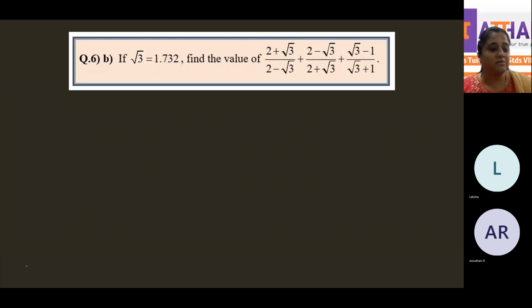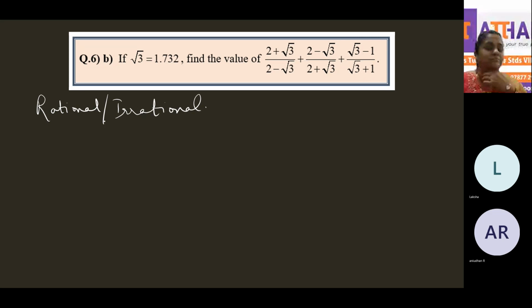Now let me check. Tell me if these expressions are rational or irrational. Classify as rational or irrational. We'll start with Kamalika.